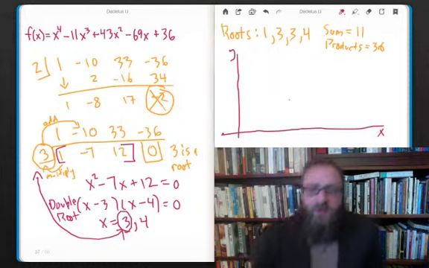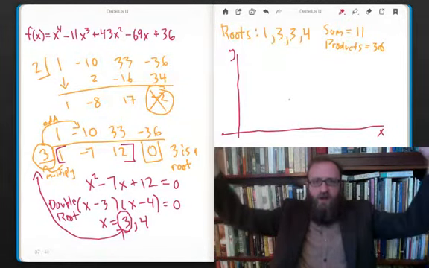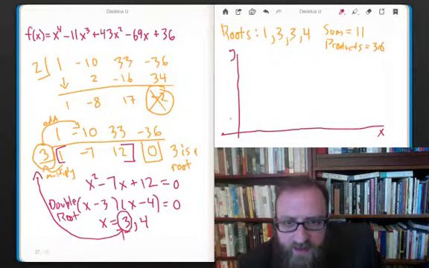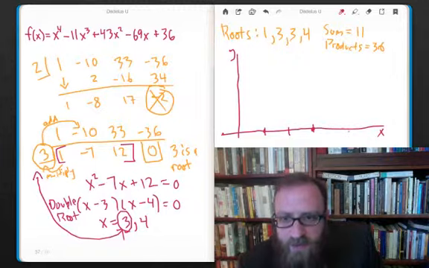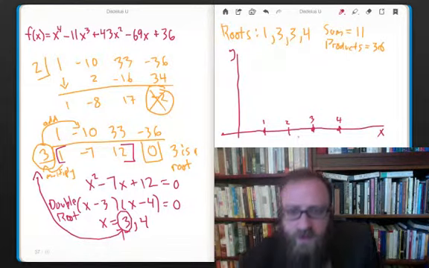So we knew that this thing opened up like a W. It's going to open up on both ends, and now we know some more. We know that 1 is a root, so we want to point there. We know that 2 is not. We know that 3 is a double root. Now, a double root means that it's just going to touch the graph here at 3. It's just going to touch it and glance off and sort of bounce off. And we also knew that 4 was a root.